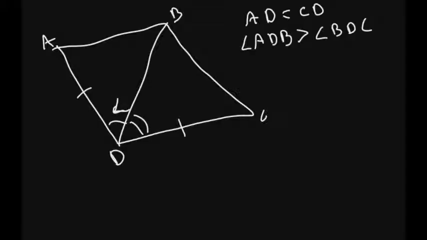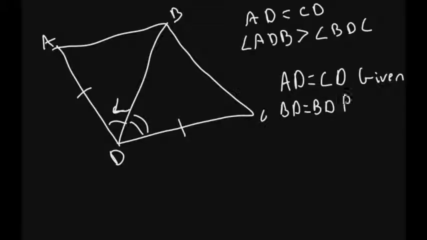Alright, so let's write a proof for this. So AD equals CD, that's given. Then we know BD equals BD based on the reflexive property. It's the same line, so it has to be equal. Then we know that angle ADB is greater than angle BDC.